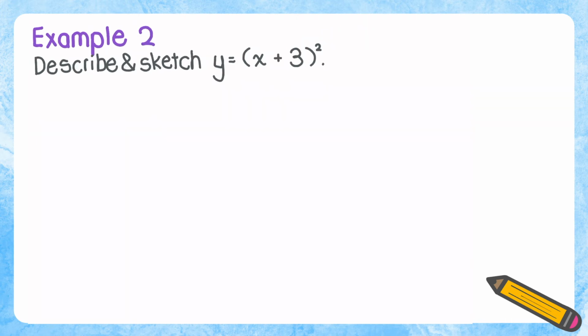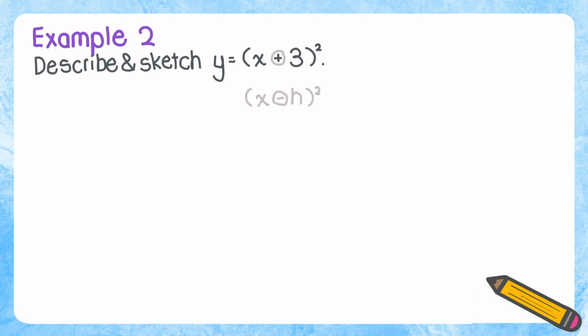For this next example, we are going to describe and sketch y equals x plus 3 quantity squared. When I write out the x minus h quantity squared form, I notice that this example is not an exact match.